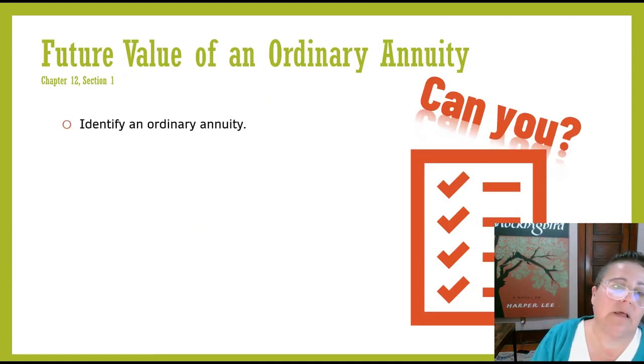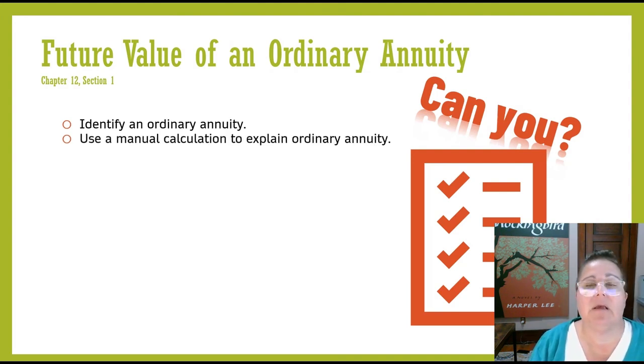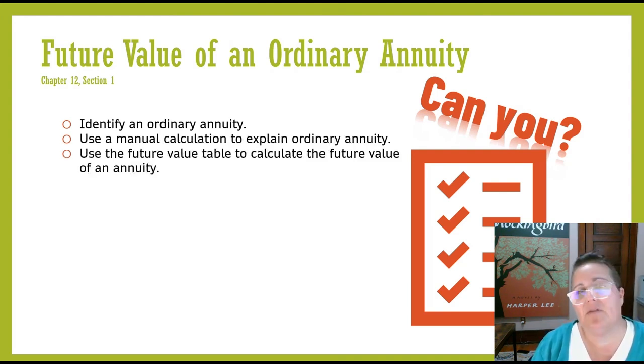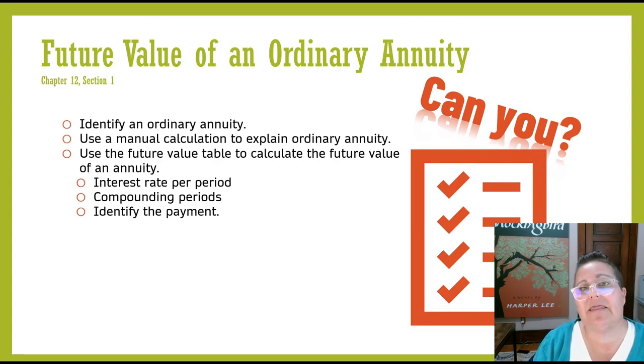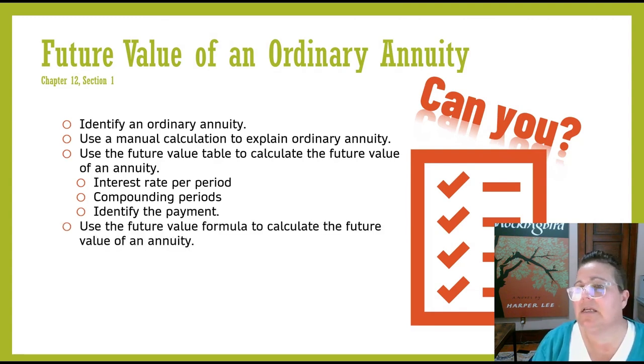Can you identify an ordinary annuity? Do you know the markers to identify an ordinary annuity? Can you follow the manual explanation? And did it help you understand? Can you use the future value table to calculate the future value of an annuity? Interest rate per period, the compounding periods, and identify the payment amount. Can you use the future value formula of an ordinary annuity to calculate it?